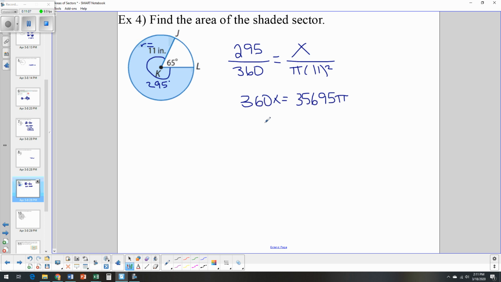It's also not even a nice decimal. I'm rounding this decimal, so it's still not exactly exact. 99.15 pi. And now I'll convert that to 311.50 inches squared.